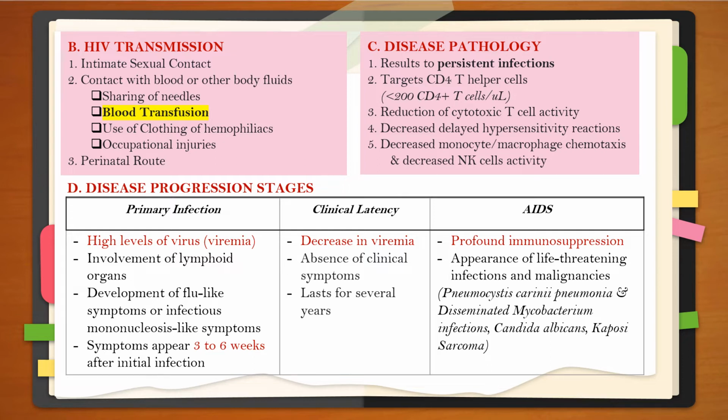Last is AIDS, which shows signs of a very profound immunosuppression and the appearance of life-threatening infections that are mostly opportunistic, including malignancies such as Pneumocystis carinii pneumonia, disseminated mycobacterium infections, and the most common yeast infection in an HIV-infected individual, Candida albicans.